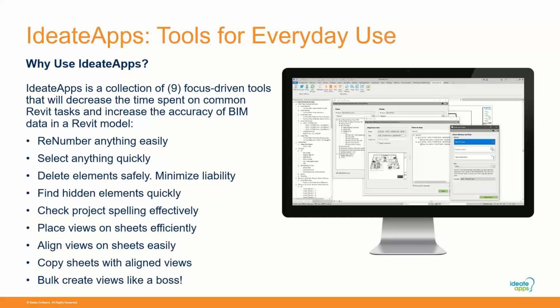There are over 50 different ways an element can be hidden in Revit, and this is going to help you understand why it's not displaying in a particular view. You can check your spelling of the entire project, all open sheets and views. You can check spelling across schedules, which is so important. So it's a much more robust spell check engine than the tools that are delivered in default Revit.